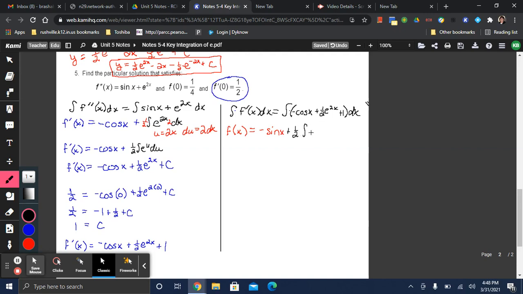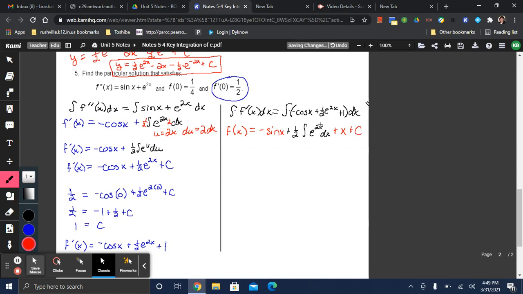So 1/2 integral of e to the 2x dx. And then we can go ahead and integrate the 1. So the 1 would integrate to plus x. And at some point then you need a plus c. I'll go ahead and put that on.